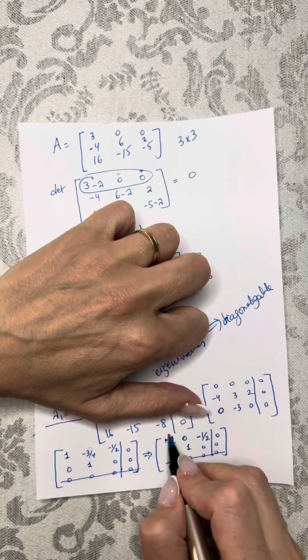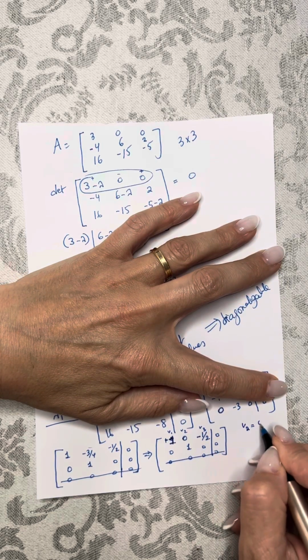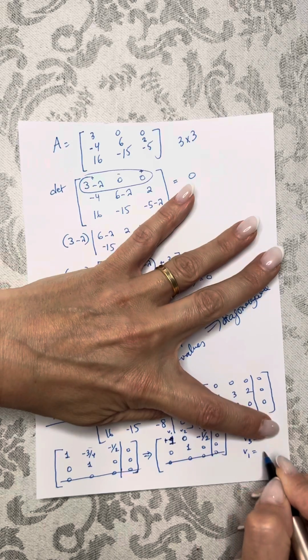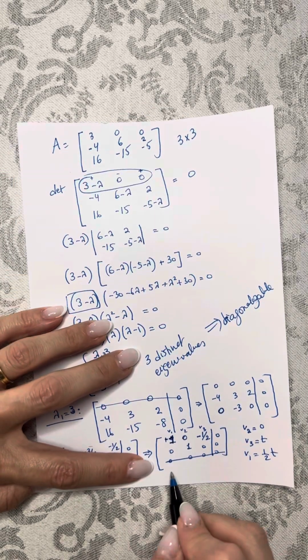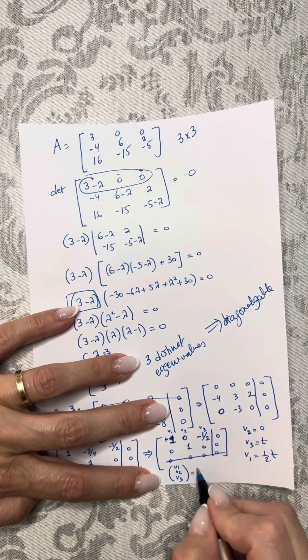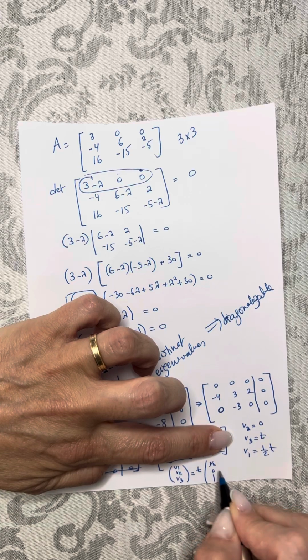This means if this is V1, V2, V3, V2 is equal to 0, V3 can be anything it wants, and V1 will be equal to half V3. And so our eigenvector here will look like V1, V2, V3 equals T times half, 0, and 1.